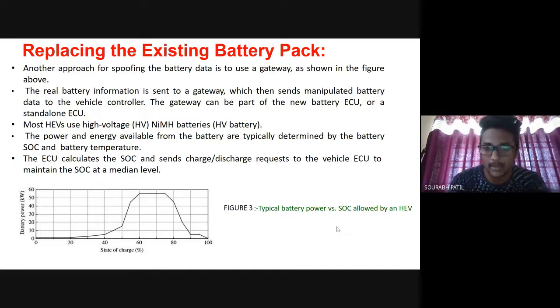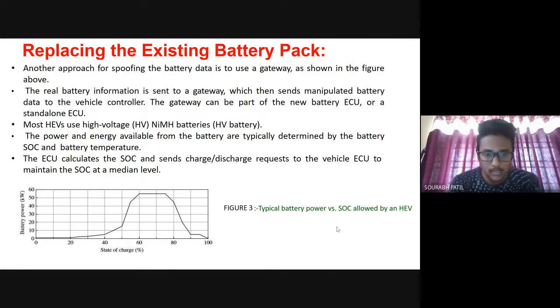The typical battery power versus SOC allowed by an EHV graph is given here. On the x-axis, we can see the state of charge in percentage, and on the y-axis, battery power in kilowatts. In the beginning, the battery power and the state of charge are related to each other.